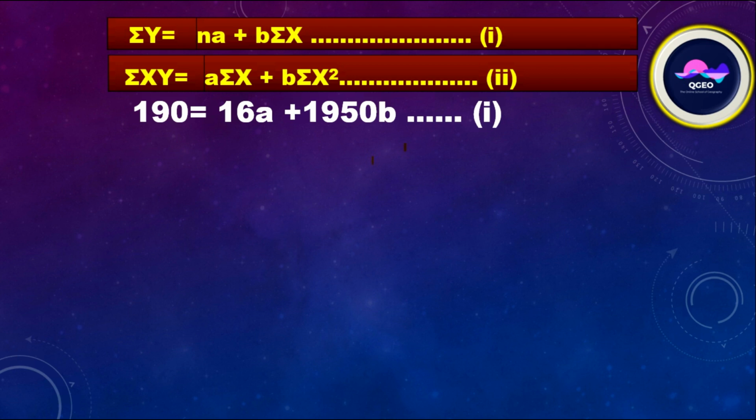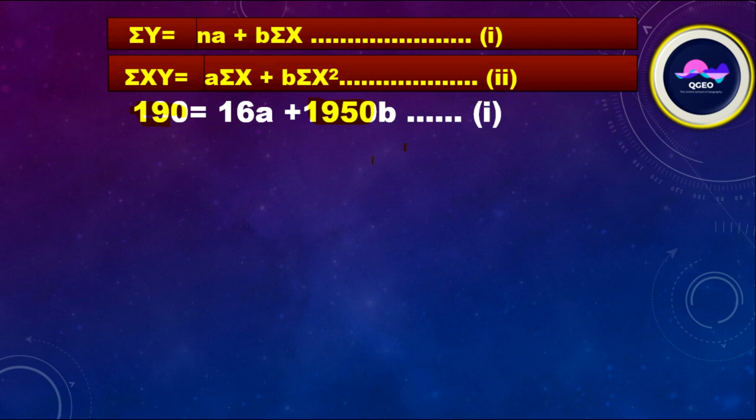Putting the values, summation of y is equal to 190, n is equal to 16, and b we do not know yet, but summation of x we know, 1950.